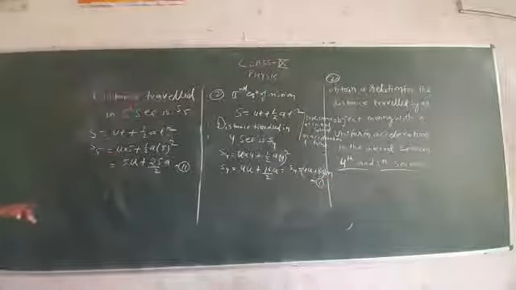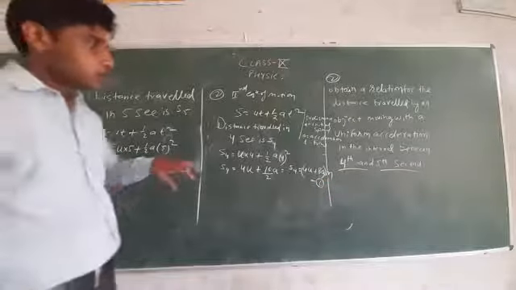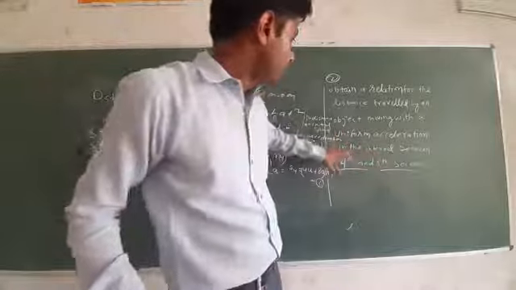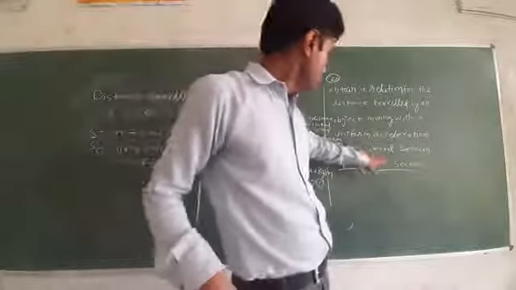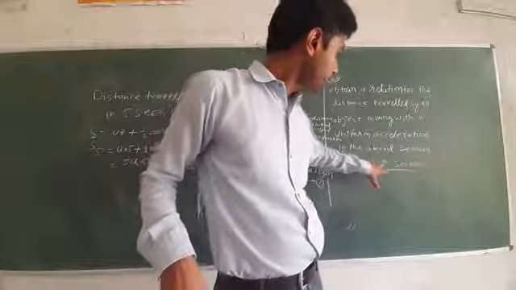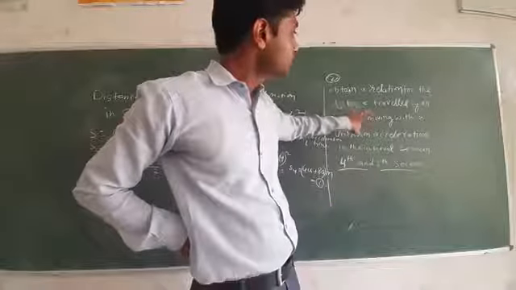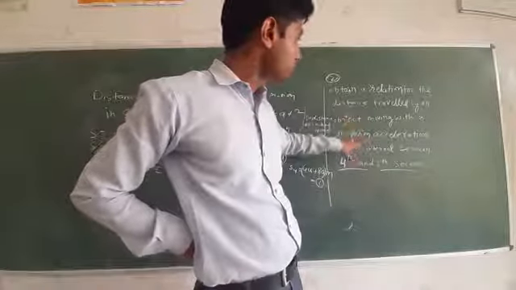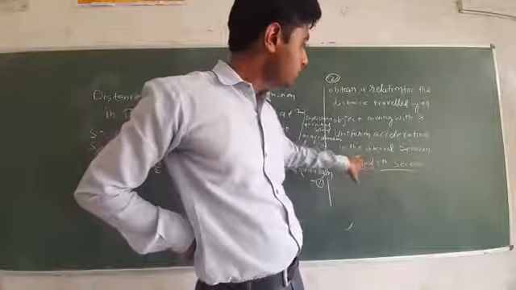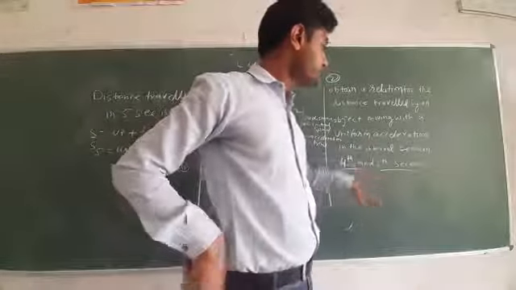We have to find the interval between the 4th and 5th second. Obtain a relation for the distance traveled by an object moving with uniform acceleration in the interval between the 4th and 5th second.